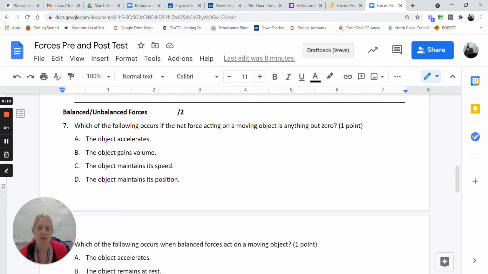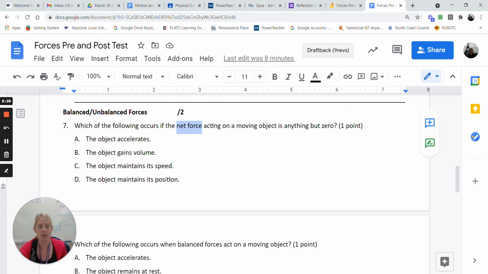Which of the following occurs if the net force acting on a moving object is anything but 0? So the net force is a way of saying the overall force acting on an object. So if I have like 3 newtons acting this way and 3 newtons acting this way, the object that is getting pushed on by 3 newtons on either side would have a net force of 0 because they're acting in opposite directions.